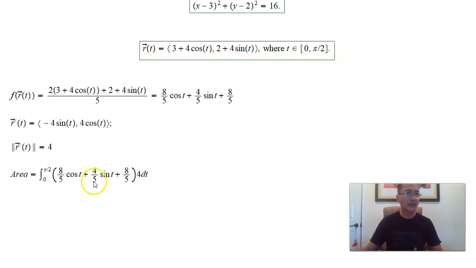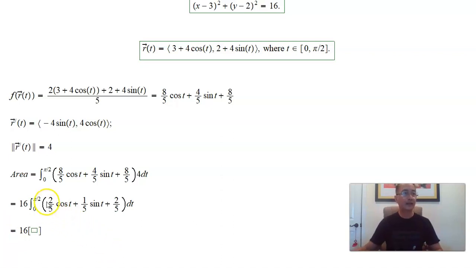Oh, we can take 16 outside. Isn't that nice? So that will be 16, and careful how much we take out. We'll take a 4 each, so 2/5 and 1/5 and 2/5, dt. Okay, and now we can integrate.